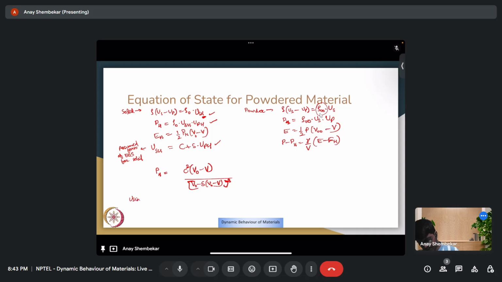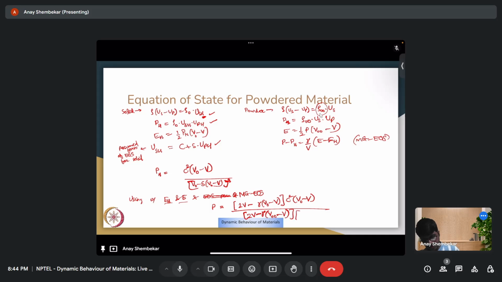Using this equation with E_H and E, and the EOS for powder, the Mie-Gruneisen EOS, using the energy conservation equation for the solid and for the powder, as well as the Mie-Gruneisen equation of state for the powder, you end up with a pretty large equation that looks like (2V minus gamma (V naught minus V)) C squared (V naught minus V) upon (2V minus gamma (V double naught minus V)) times (V naught minus S (V naught minus V)) whole squared.